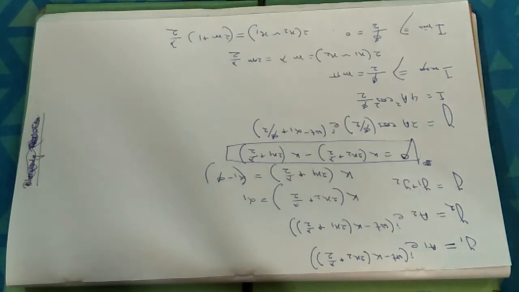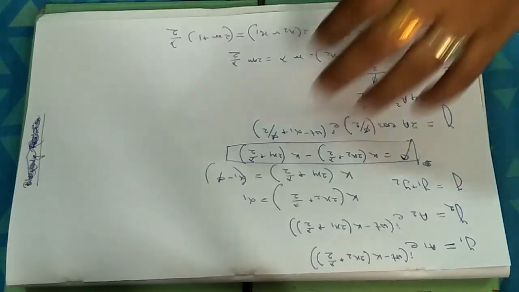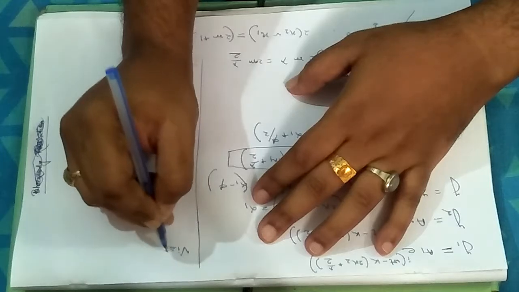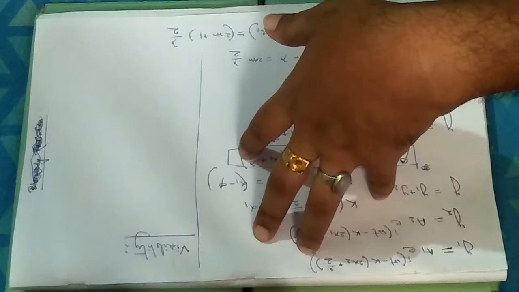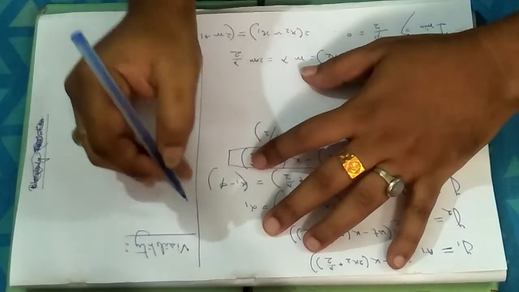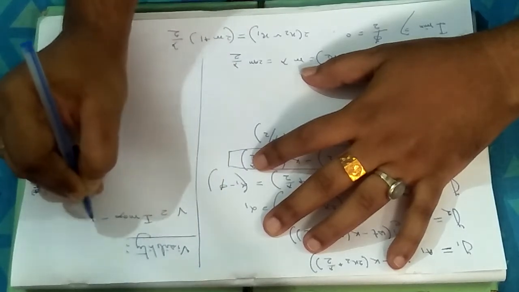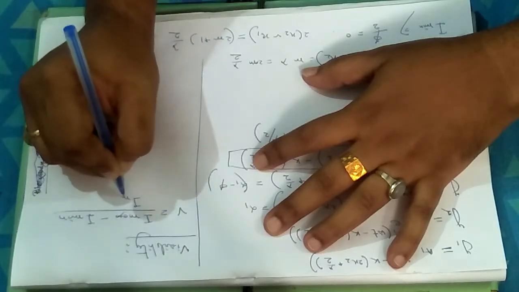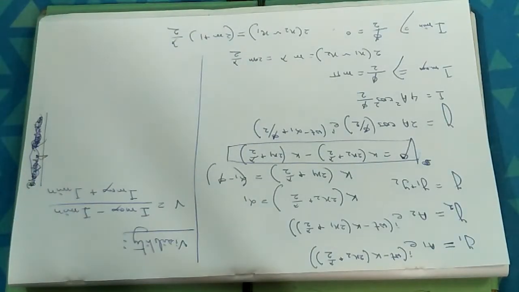Now let us proceed. Let us see the visibility. What is the expression for visibility in the case of the Michelson interferometer? V = (I max − I min)/(I max + I min). You got the condition for maxima and minima.